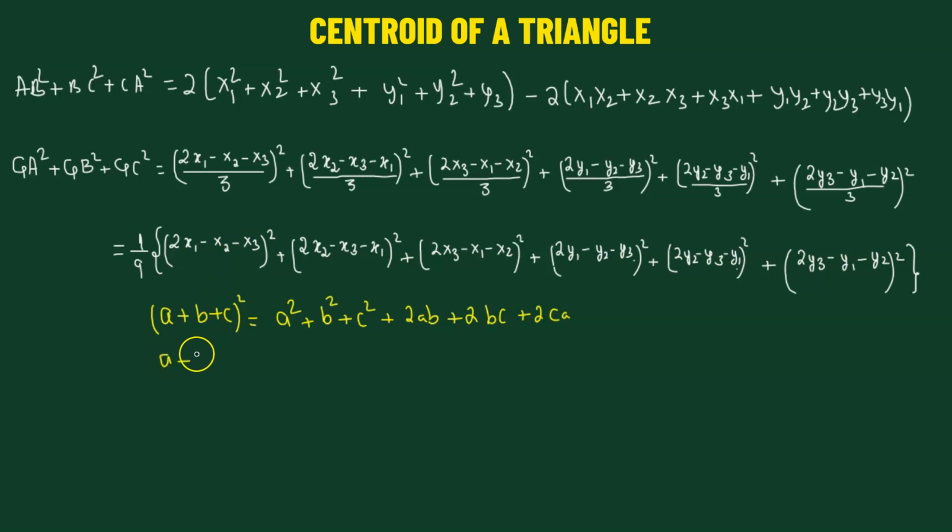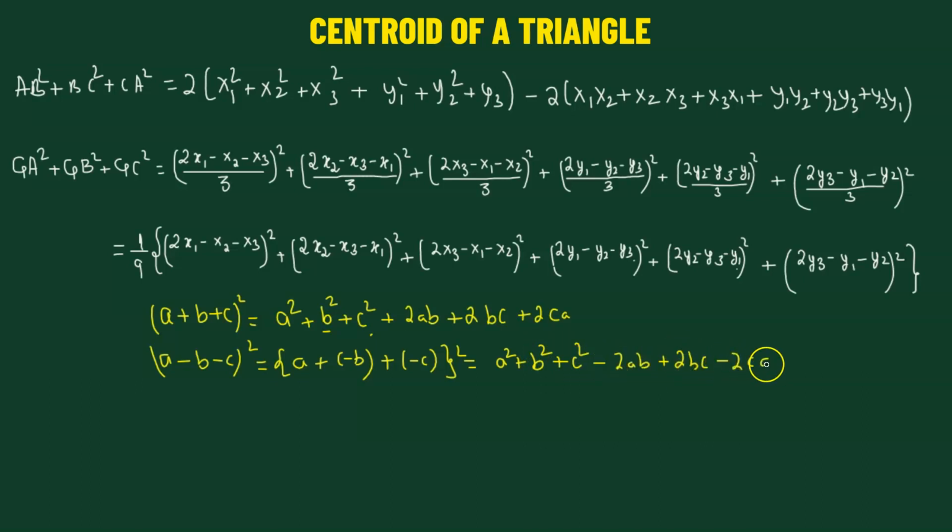For example, if we have A minus B minus C, we can use the same formula by rewriting it as (A plus negative B plus negative C) whole squared. All we have to do is replace B with negative B and C with negative C, and this is going to give us A squared plus B squared plus C squared minus 2AB plus 2BC minus 2CA.